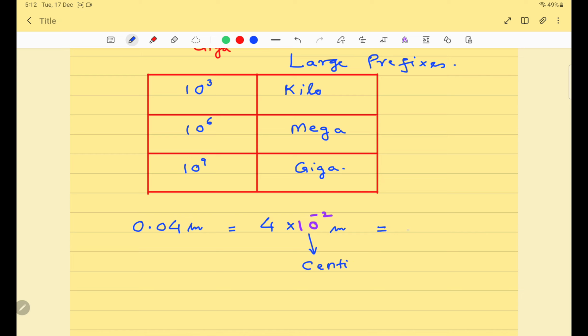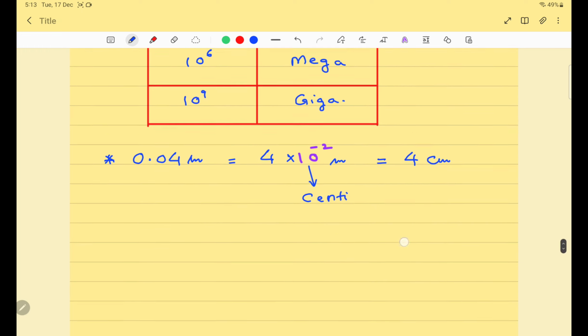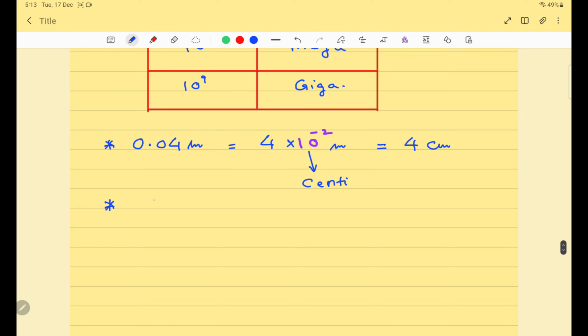So 4 exponent minus 2 means it is 4 centimeter. In the same way, if you are dealing with this number, that is 4 exponent minus 3, then this exponent minus 3 in physics is milli. So it is 4 millimeter.